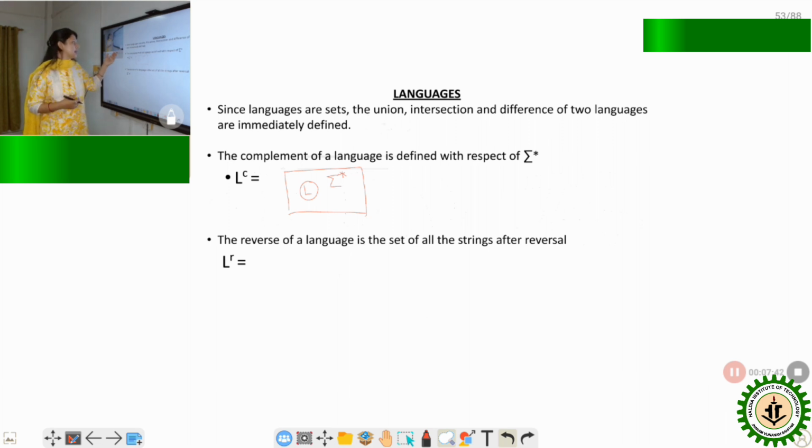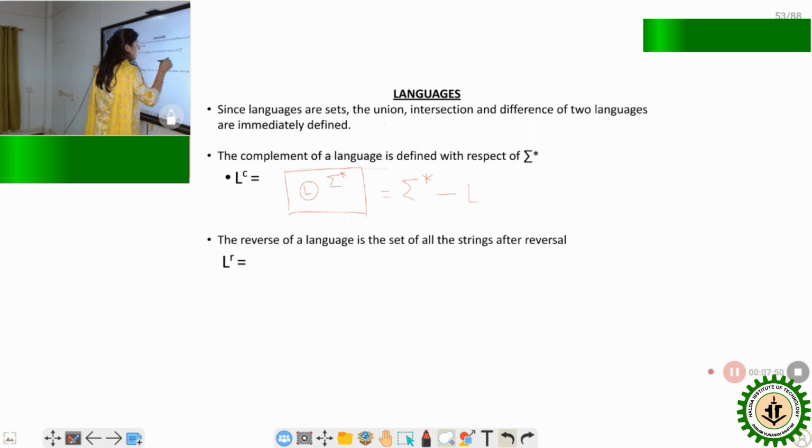L to the power C, that means the complement of the language, is sigma star minus L. That is the complement of a language.